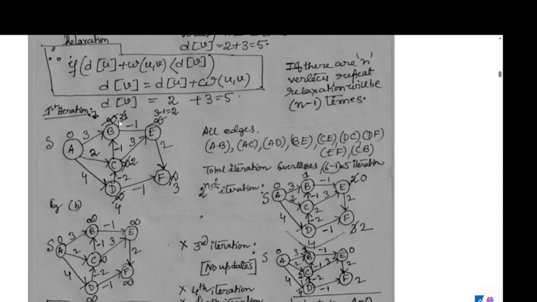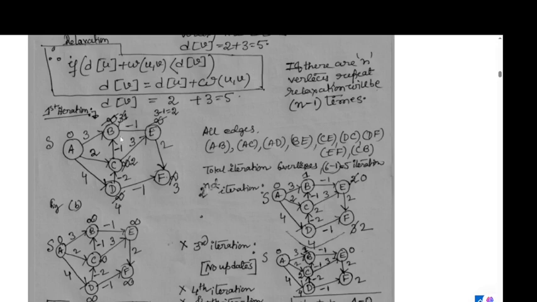Second one is A to C. A to C is infinity, because the distance is 2, we will update it by 2. Then A to D, which is 4, so it will be updated by 4.